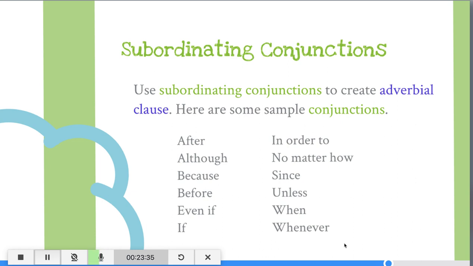If you ever use this and you have a problem with it, then you'll notice on your feedback, I'm going to say fragment or dependent clause, meaning it's not complete. This clause cannot stand by itself. It needs the assistance of an independent clause, a stronger sentence, or a simple sentence.